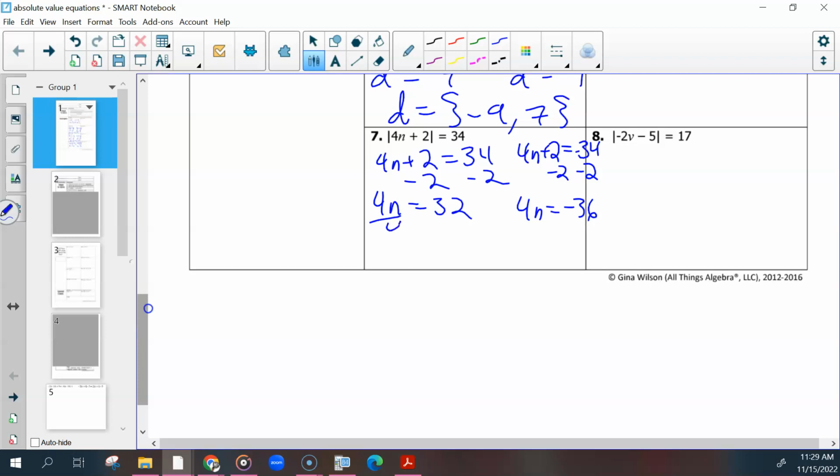And divide both sides by 4. What would our two answers be? Okay. Thank you for checking. Hannah? 8 and negative 9. So least to greatest, that would be negative 9 eighths.